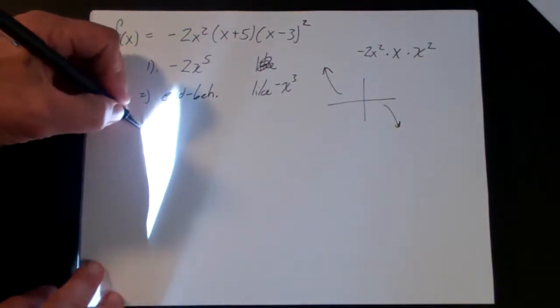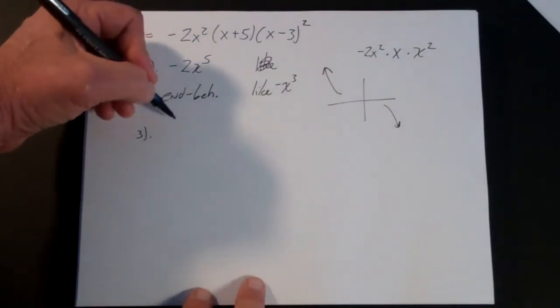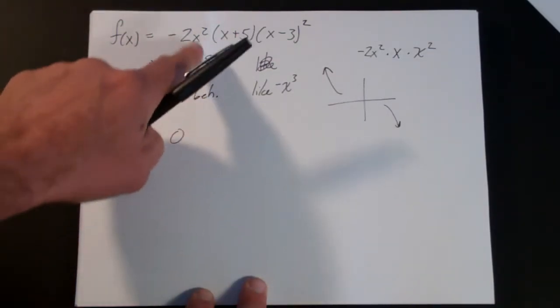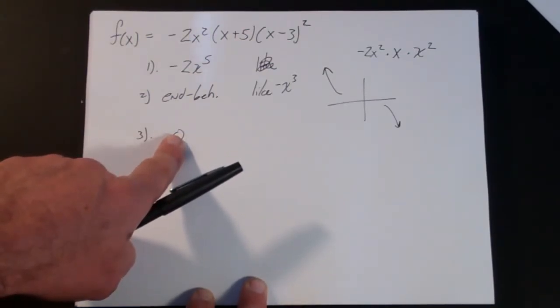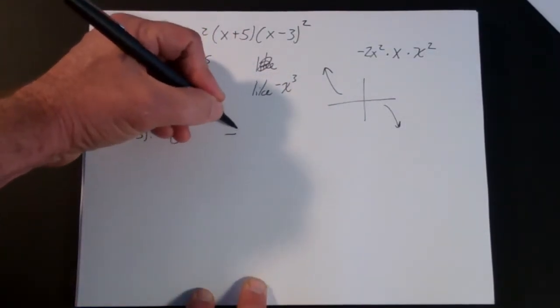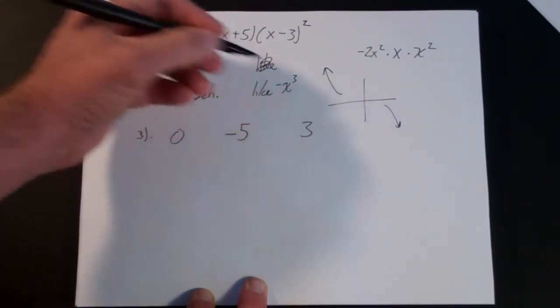The third step is to find the zeros. The zeros will be 0, because minus 2x squared equals 0 when x is 0, then minus 5, and the positive 3.